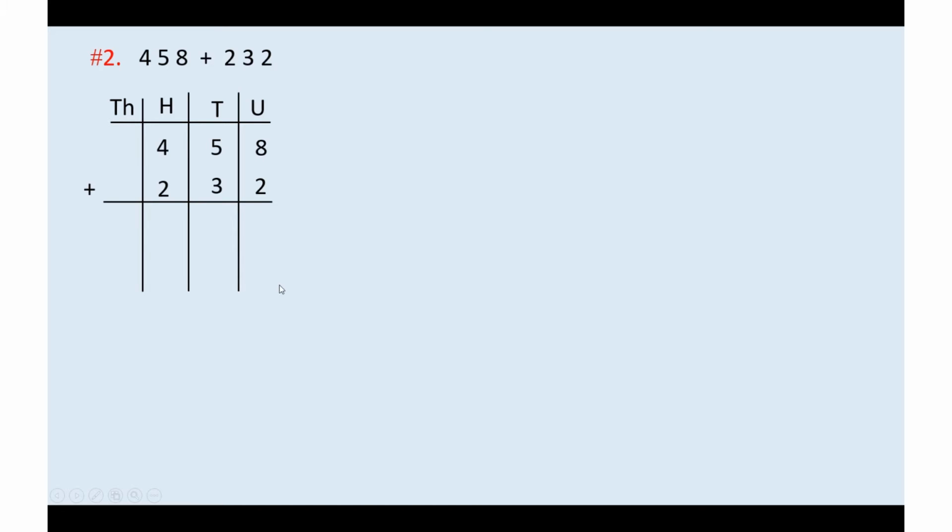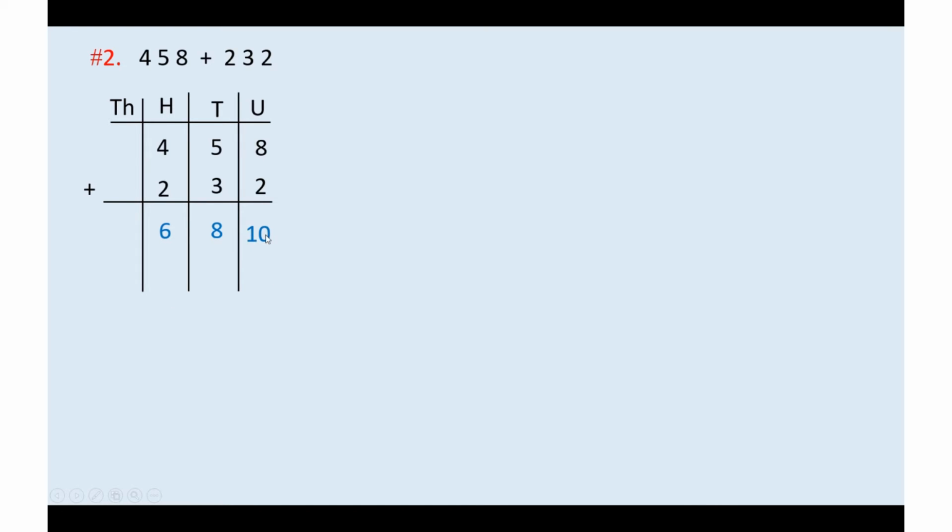Then we add. Here we have 8 plus 2. 8 plus 2 is 10. For now, let's write it so we see the logic that will be involved. 5 plus 3 is 8, and 4 plus 2 is 6.